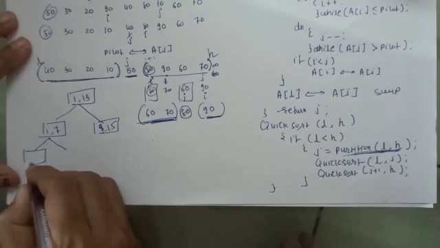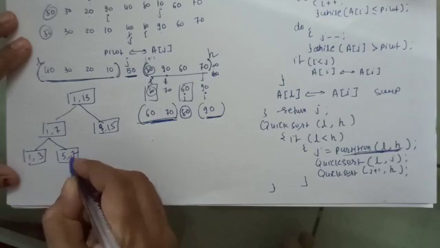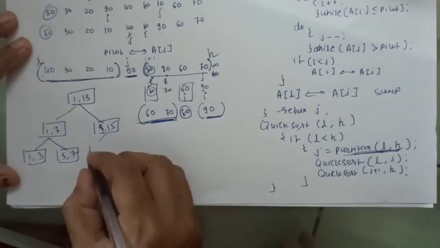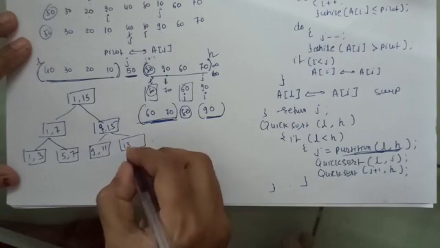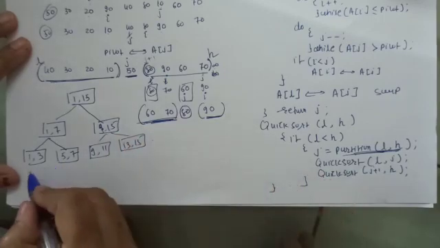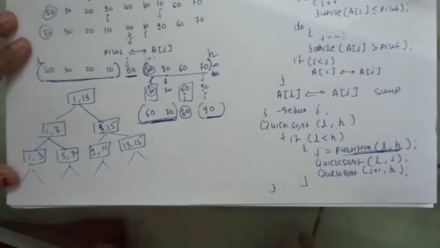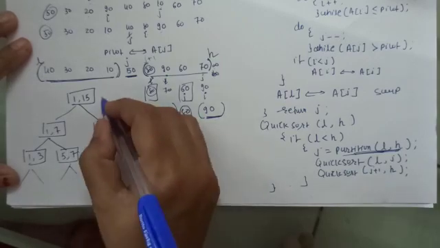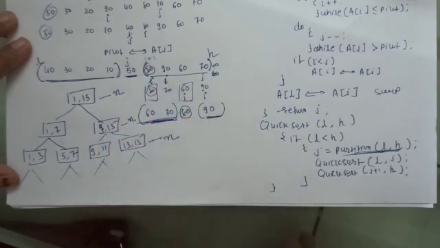Again I have assumed that partitioning would be performed at the middle. So here 1 to 3 and 5 to 7. Similarly, here also just assume that 9 to 11 and 13 to 15. Again, my partitioning would be from the middle only. So this would take n time, this would take n time, this would take n time.